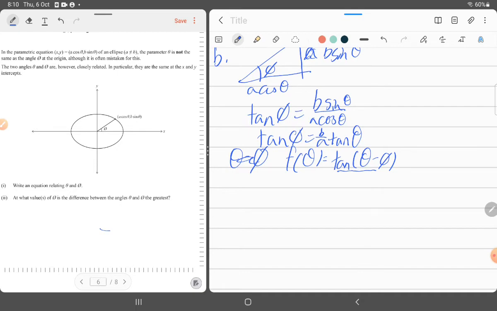So we can use, which angle was it? Yes, compound angle. So tan of theta minus phi is equal to tan theta minus tan phi over 1 plus tan theta tan phi.